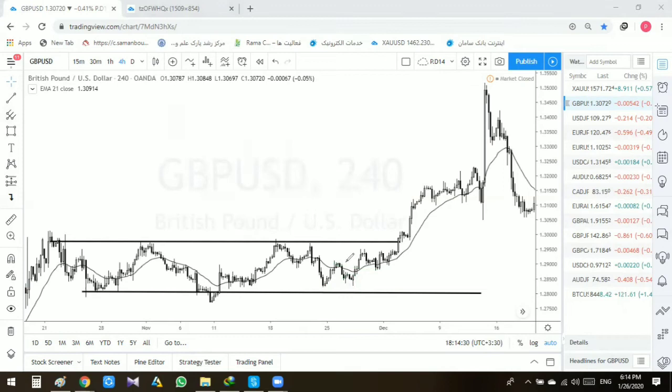Not very clear neckline. This one was our neckline zone, and price came up and had a break and retest. After this movement, we had a break, we had a retest, and we can see what happens after that.